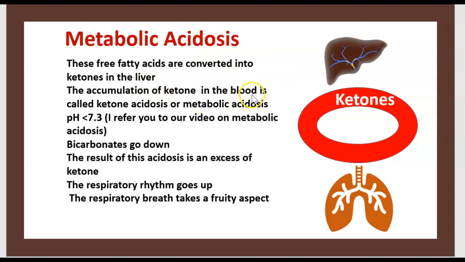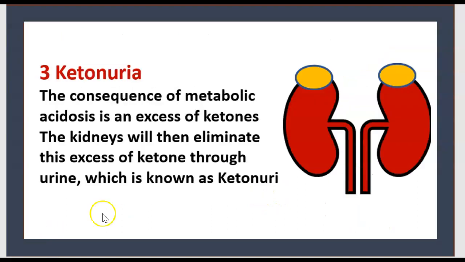Accumulation of ketone in the bloodstream is called ketoacidosis or metabolic acidosis with a pH under 7.3. The bicarbonate goes down. The respiratory rhythm goes up and the breath takes a fruity aspect.